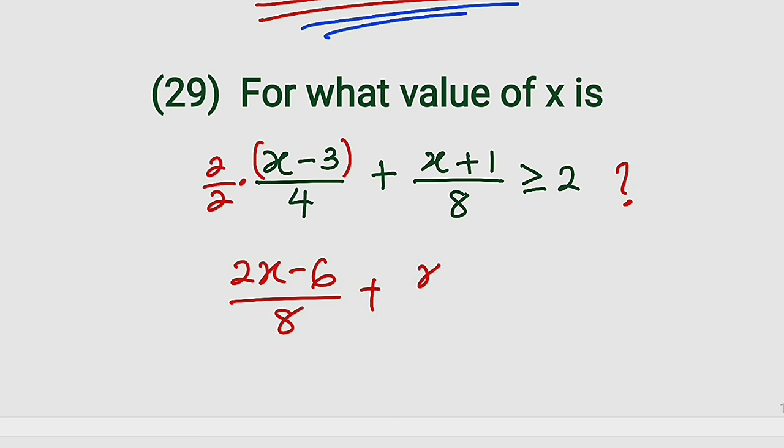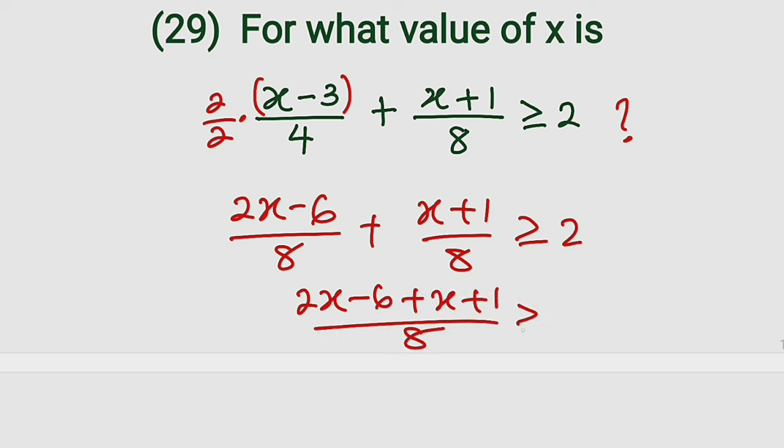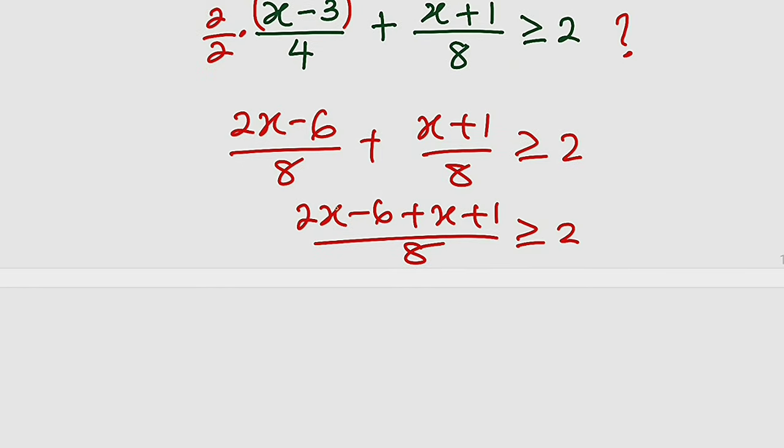Then plus (x plus 1) divided by 8 greater or equal to 2. Now we have common denominators. Let us add the numerators together. 2x minus 6 plus x plus 1, divided by 8, greater or equal to 2. All right, 2x plus x is 3x. Then minus 6 plus 1 is minus 5.